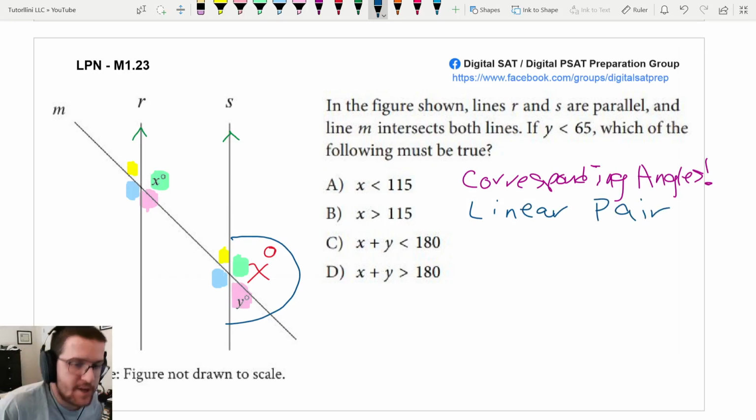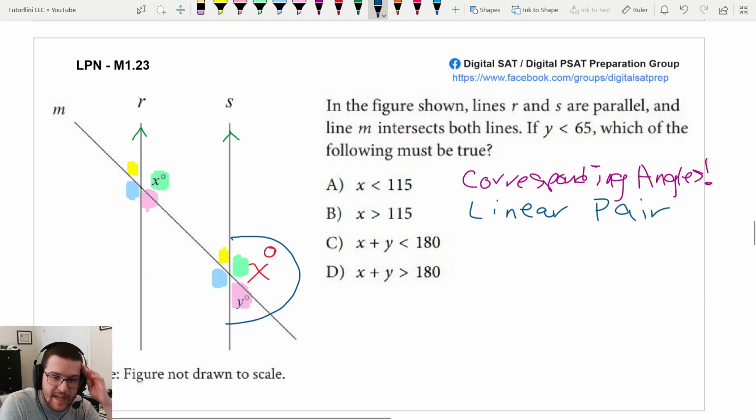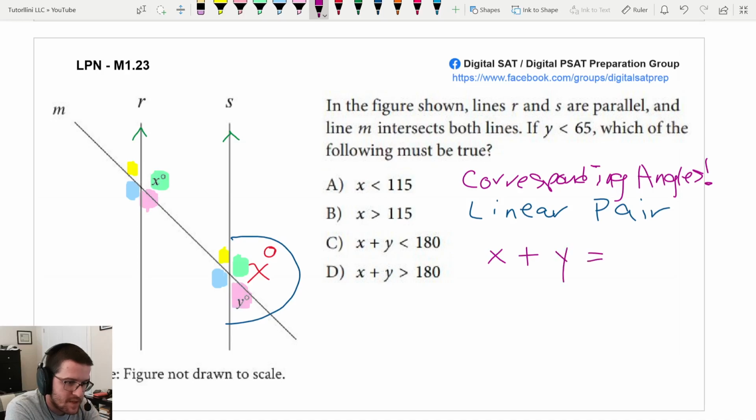So linear pairs, they form a straight line. Two angles next to each other that form a straight line. They are supplementary, which means they add to 180 degrees. So this tells us that X plus Y is equal to 180 degrees.